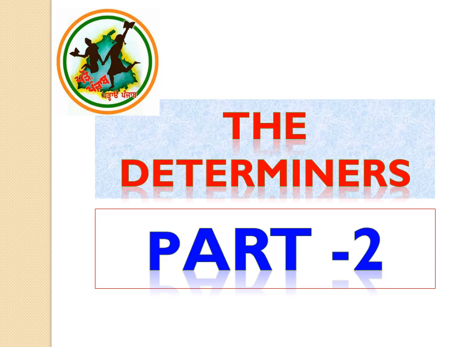In today's lesson, first of all, we will take the meaning or the definition of determiners in brief. After that, we will take the types of determiners. Then, we will discuss the definite article the in detail.